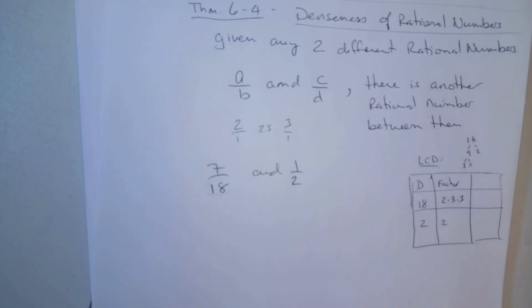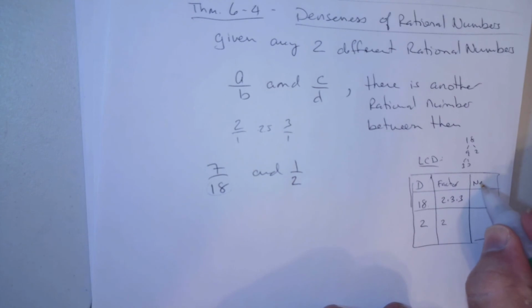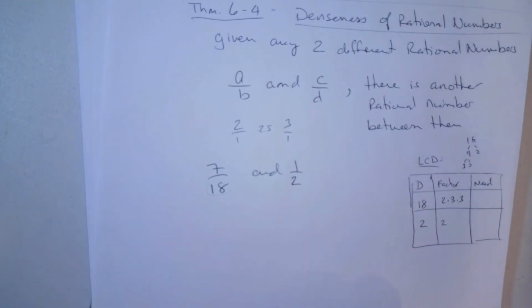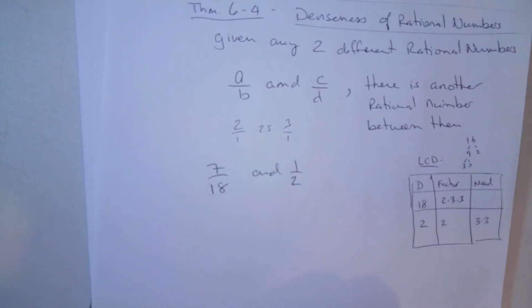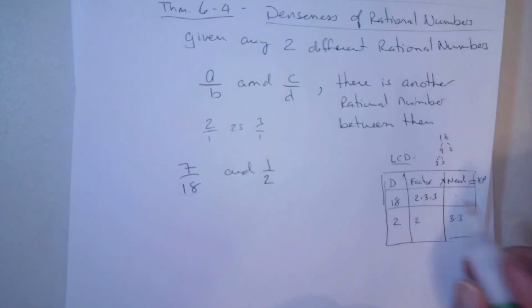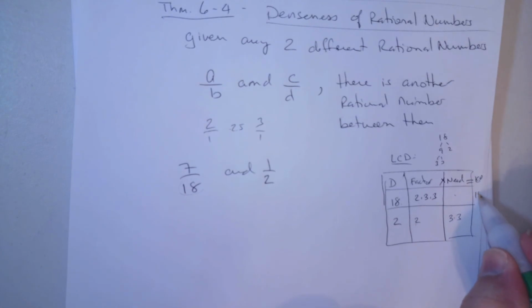Everybody has 1, so I don't have to worry about that. What do I need to make them equal? They both have a 2. This one has 2 3s, so this one needs 2 3s. This one doesn't need anything. So if we multiply these two, we get the LCD. 2 times 3 times 3 is 18. 9 times 2 is 18.